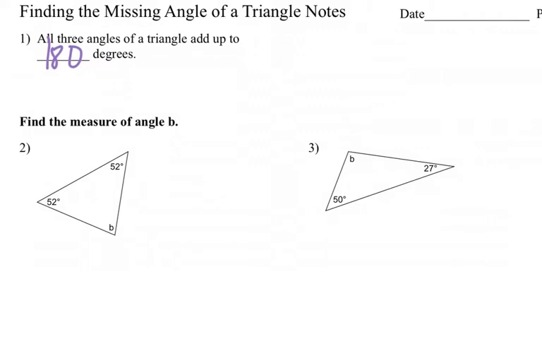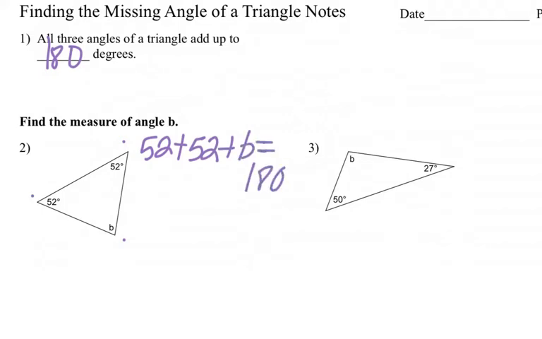So for number two, when you're finding the measure of angle B, we have three angles here, right? And we know that all three of them will add up to 180. So all we're going to do here is we're going to say 52 plus 52 is 104.